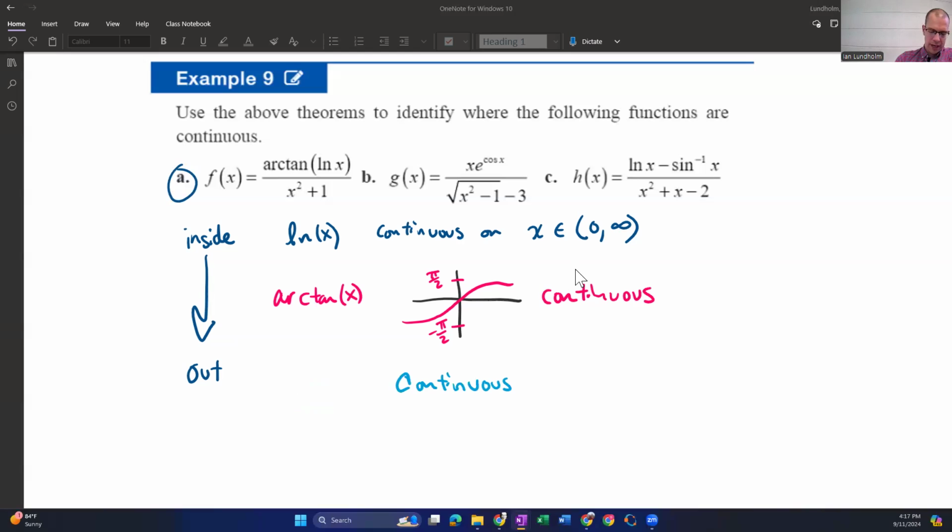So we would say that these two together would make up the numerator. We could call this w of x or whatever. But then we would have x squared plus 1 on the bottom. Having a function on top is fine, and it's continuous as a quotient of continuous things.